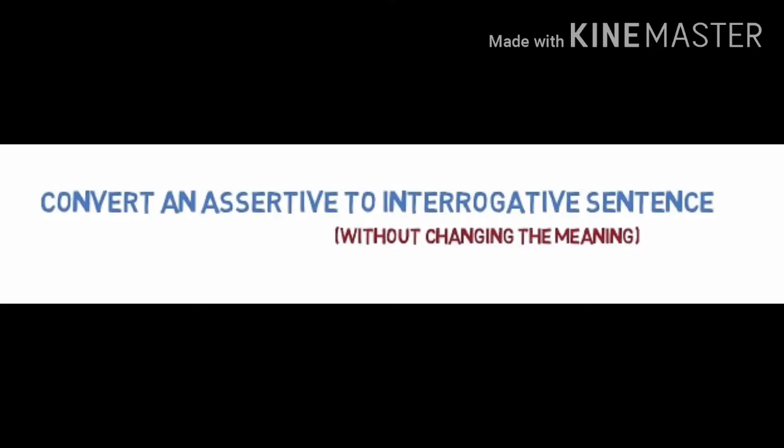So now let us move on to how to convert these sentences. How to convert assertive to interrogative without changing the meaning of the sentence. That is the main thing you have to keep in mind while transforming sentences: whatever transformation you are doing, the meaning should not be changed. For this conversion, there are 2 simple steps you have to keep in mind.